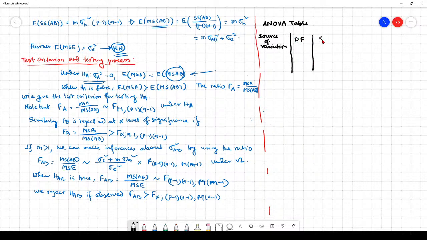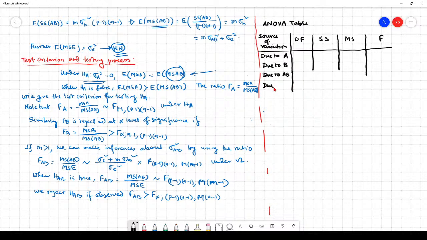Third column is SS. Fourth is MS. And last one is F ratio. So the first entry is due to factor A, second is due to factor B, due to interaction effect AB, due to error.